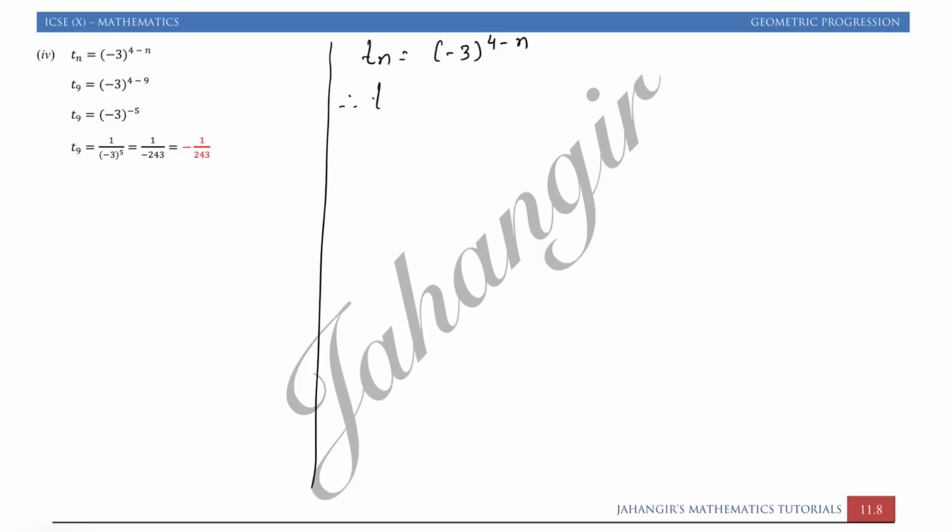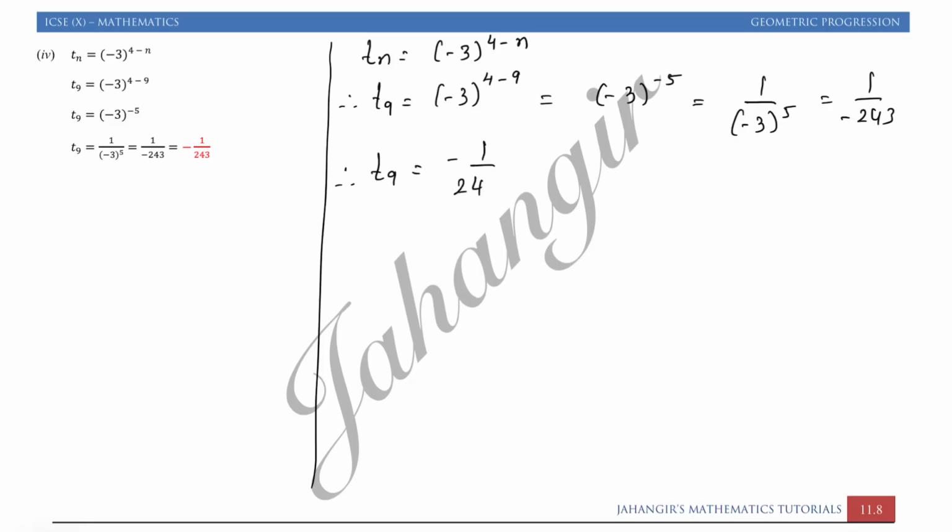Therefore ninth term can be written as T9. Just replace n with 9. So that is minus 3 raised to minus 5. You can write 1 upon minus 3 raised to 5. That is 1 upon minus 243. So therefore T9 is equal to minus 1 upon 243.